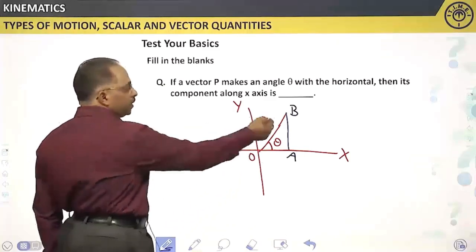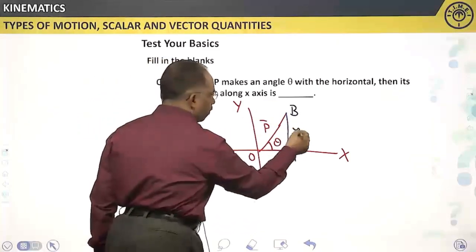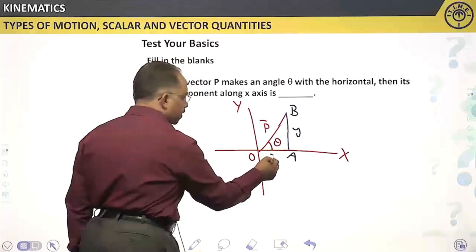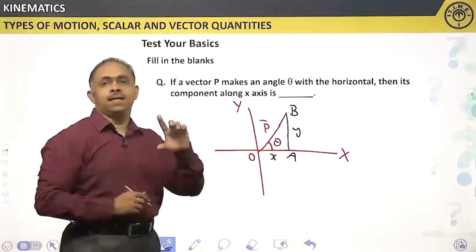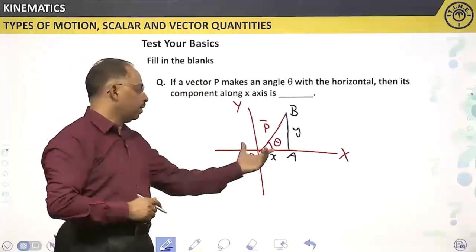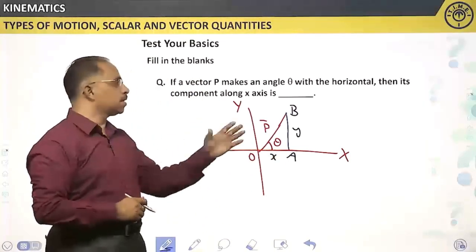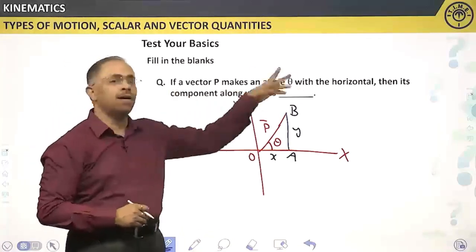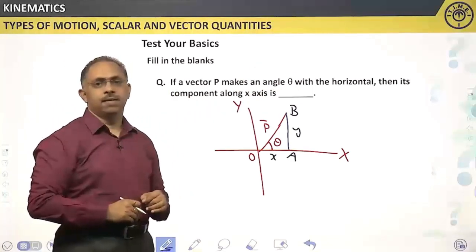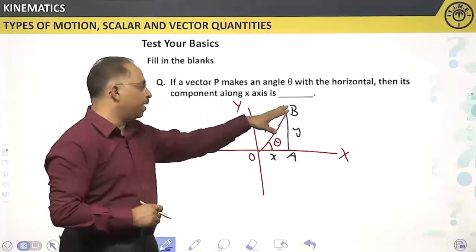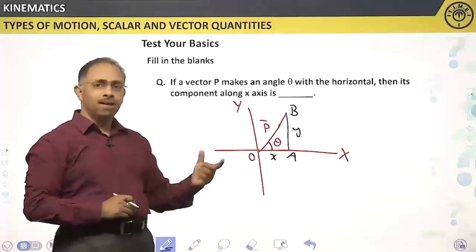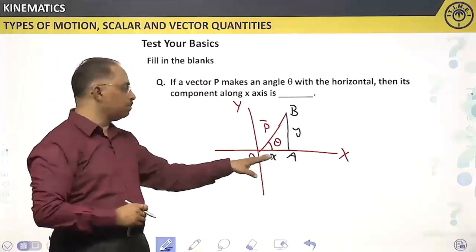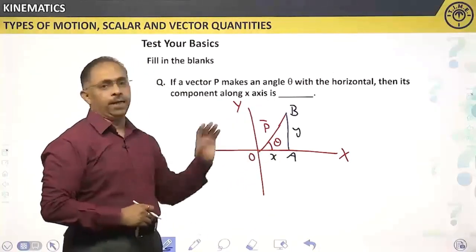So, let me take this BA as y and this OA as x. Now, y will represent the vertical component and x will represent the horizontal component. The question is about the horizontal component here. So, if OB is representing the vector P, OA will represent the horizontal component. I want the relation between this OA and OB.